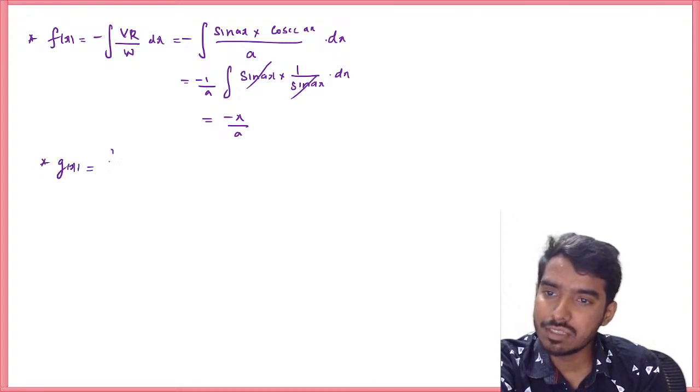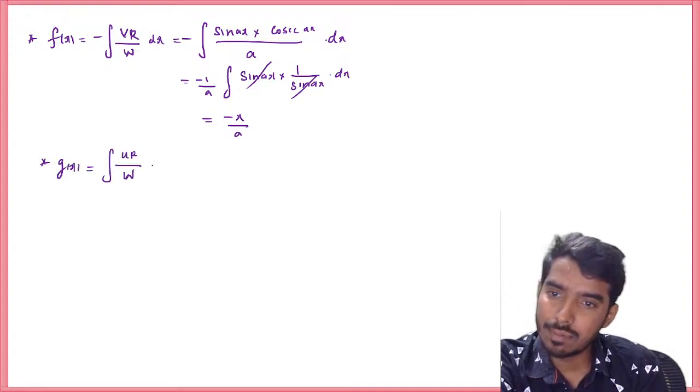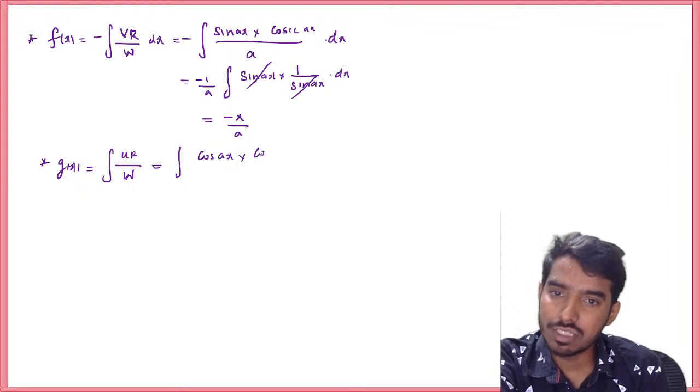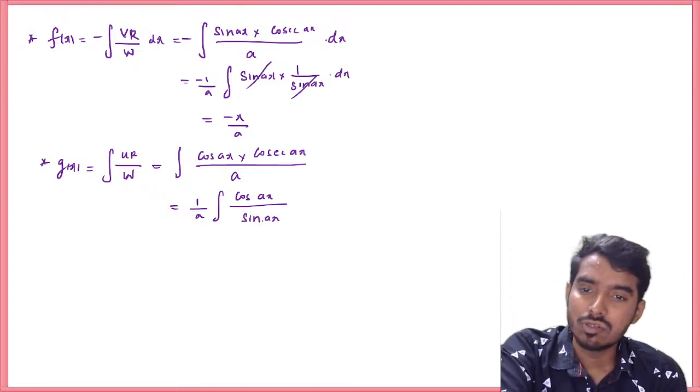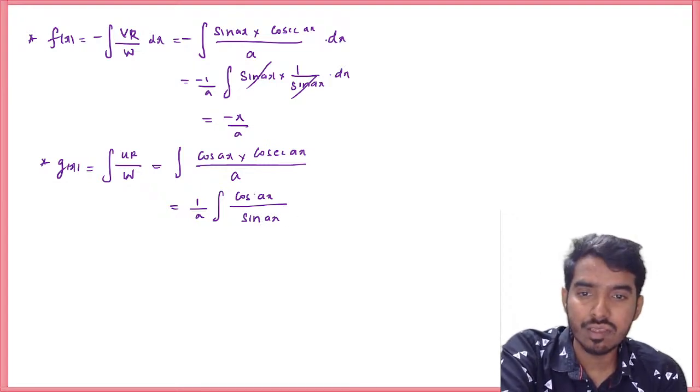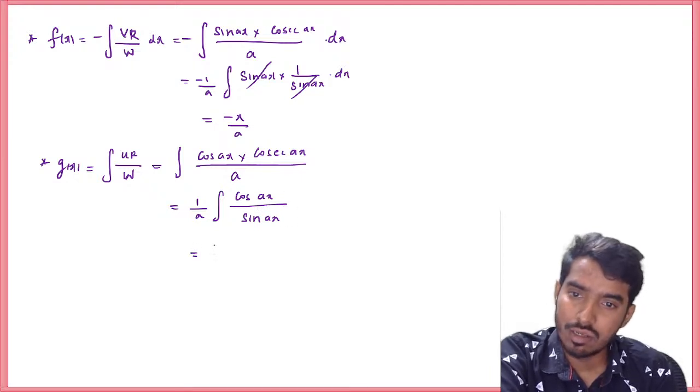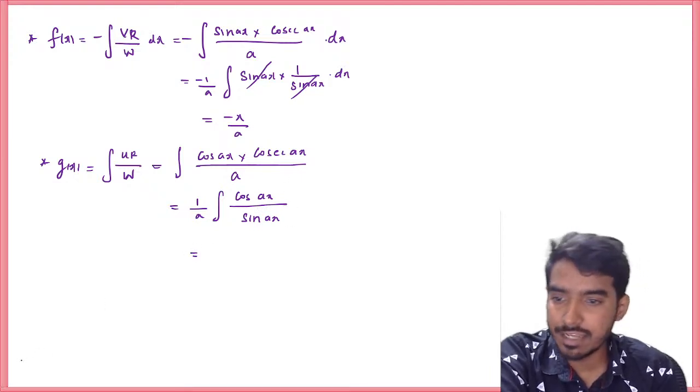Now g of x is integration of u r by W. Here we don't have minus. So integration of u is cos ax, r is cosecant ax, divided by W. So W is a. So I can write this as 1 by a integration of cos ax by cosecant ax, that is cos ax by sin ax. Differentiation of sin ax is cos ax into a.